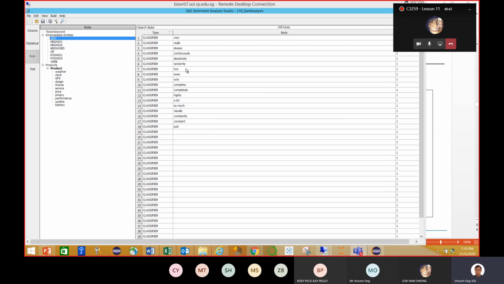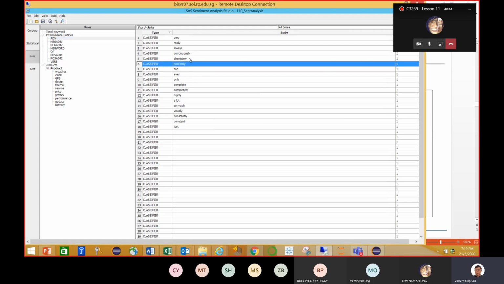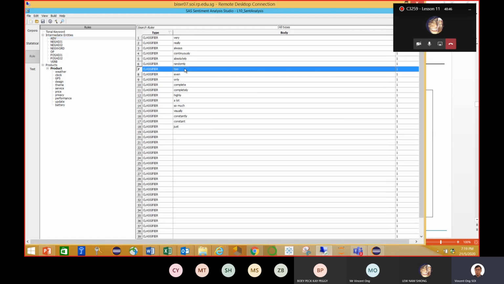It can be domain specific, but you can see these are, of course, very generic, right? There is more to this, of course. It takes time to build up the so-called dictionary.